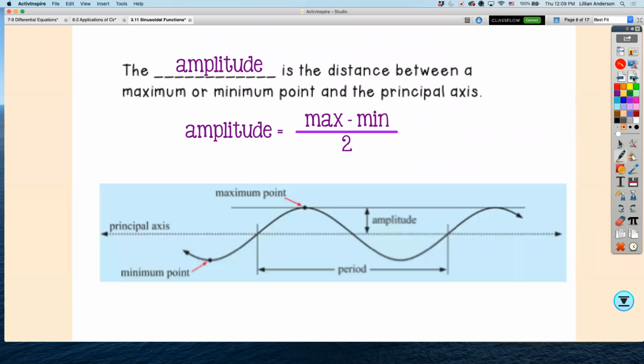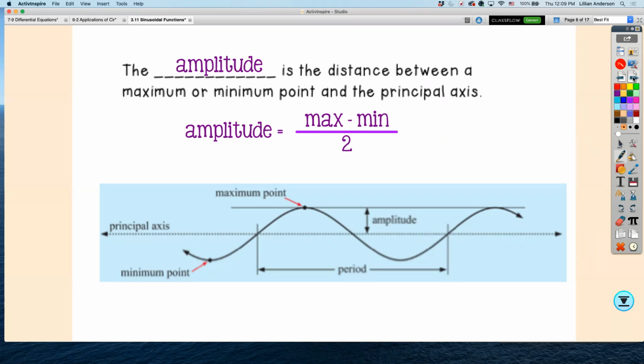Now the amplitude is the distance between a maximum or a minimum point and the principal axis. So here's an example. It's kind of fuzzy, I do apologize, but here's an example of a wave, okay? It's repeating the same cycle over and over again.